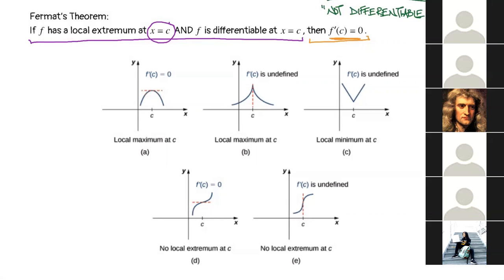And the answer to that would be yes. So what we've seen in the picture is that there is a local maximum and the function is smooth. And if both of those things are true, then you can automatically say that the derivative at c is 0.